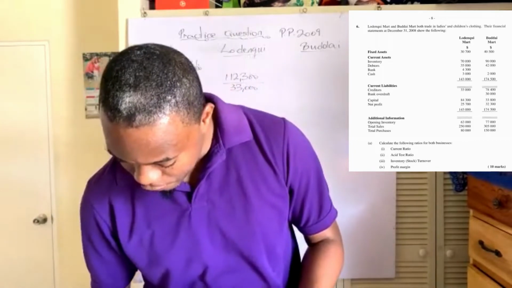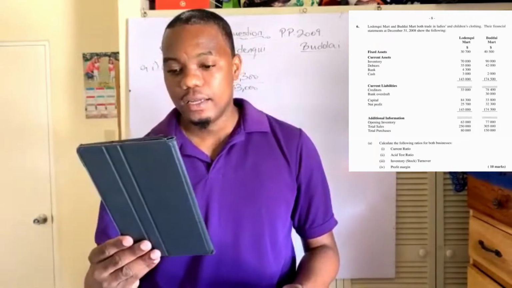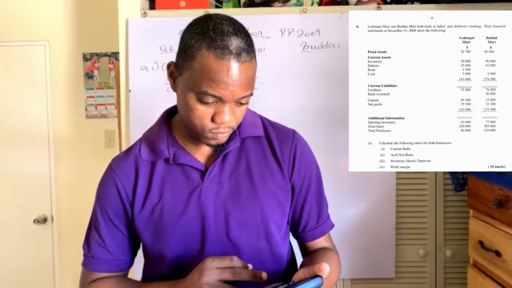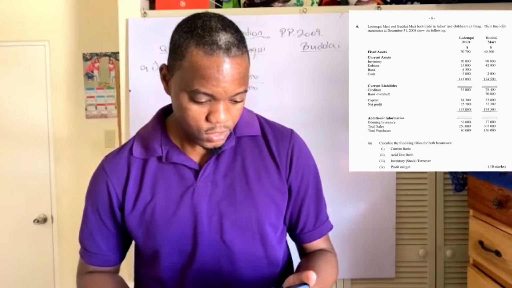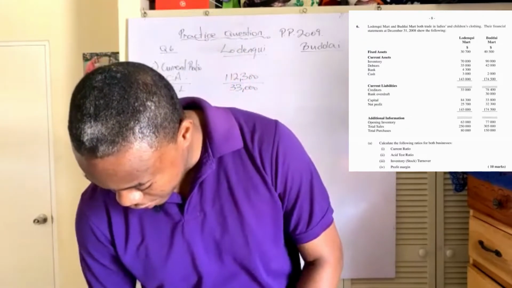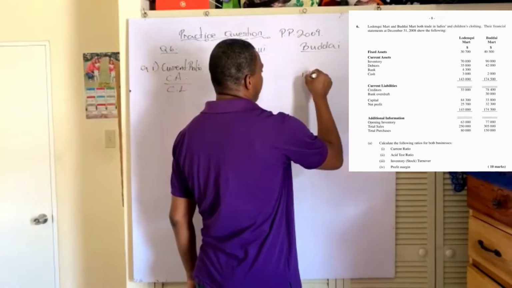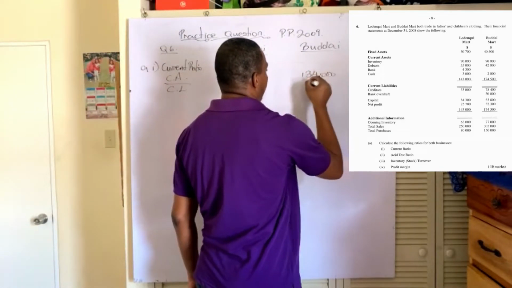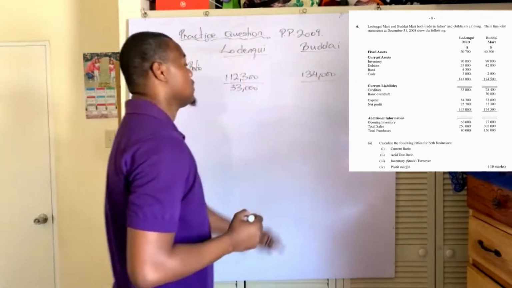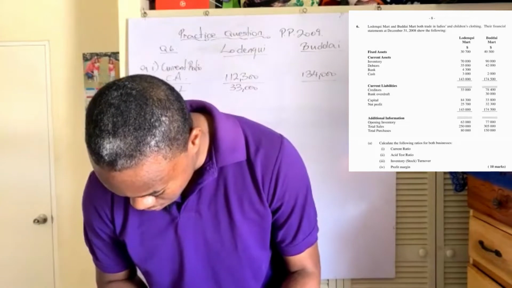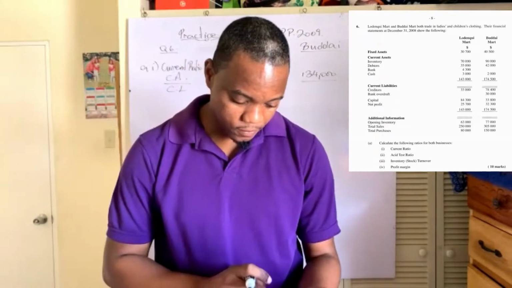His bank is not there because it has a bank overdraft, which is a liability. So it's going to be plus 2,000. So it's 134,000 for Budai's current assets. 134,000 divided by his current liabilities, which is creditors, 78,400.